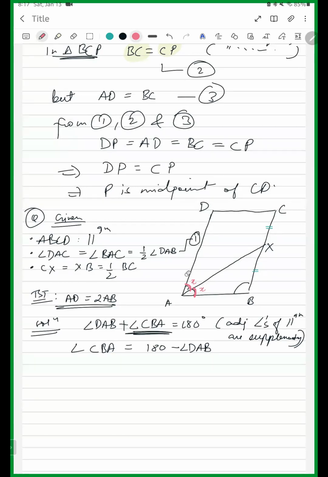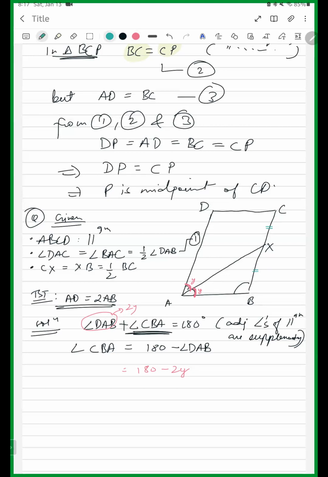This is small y. So angle DAB is 2y, and this is 180 minus 2y. So we can find out from here this angle over here.